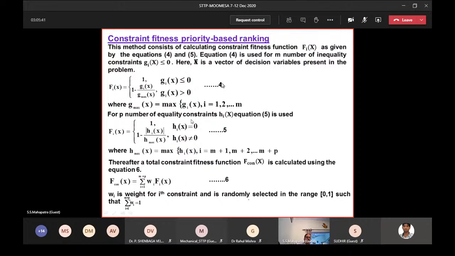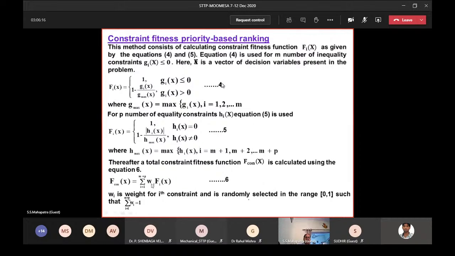Now for the constraint fitness priority based ranking, we calculate the constraint fitness depending on the violation of the constraint using equations 4 and 5, and you go on giving a weightage for each violation, multiplied by f(x), such that the summation of the weights is equal to 1. So we develop a constraint fitness priority function.